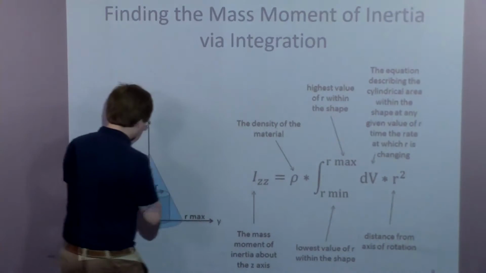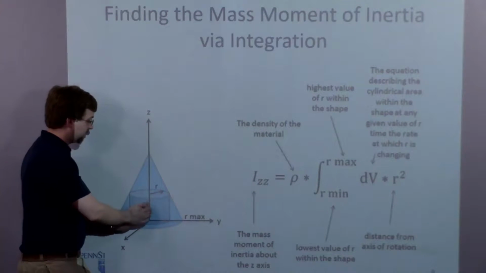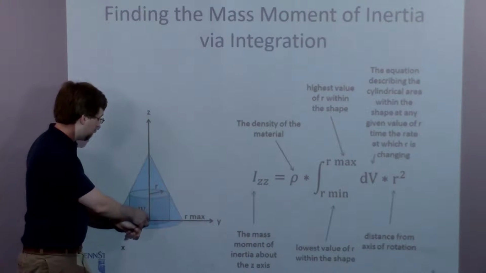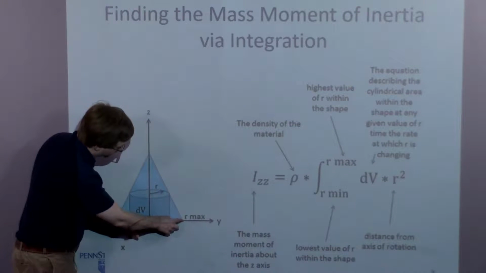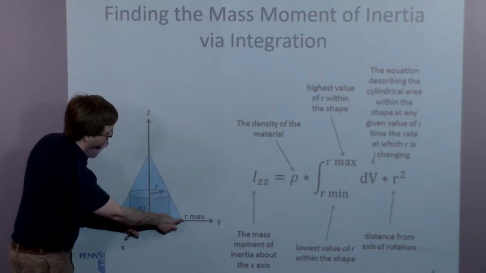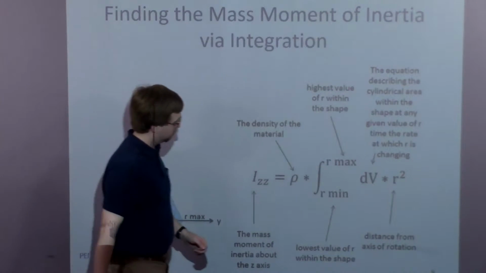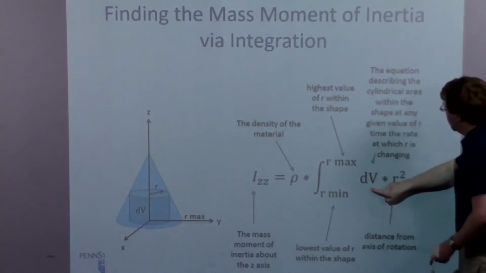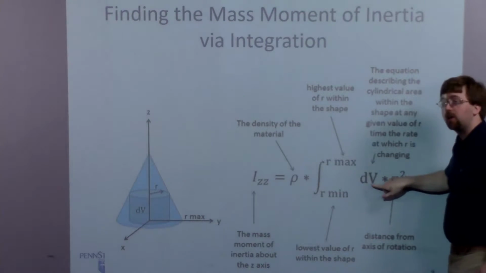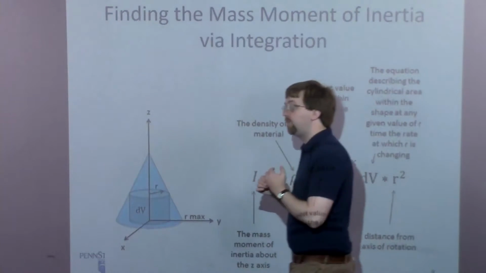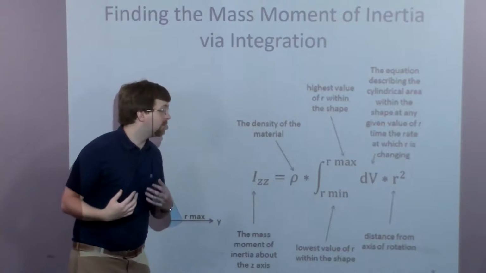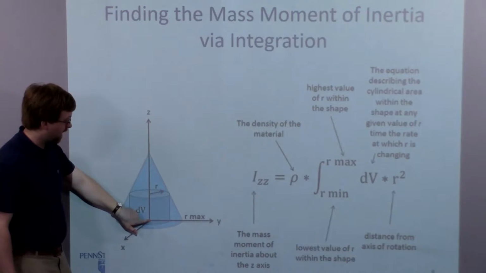As the distance increases, in this cone 0 is the minimum, out to the farthest point from that central axis, so r min to r max, and I've got this dV term. This is where a lot of your work is going to go: figuring out the rate of change of volume as I move out from this central axis.